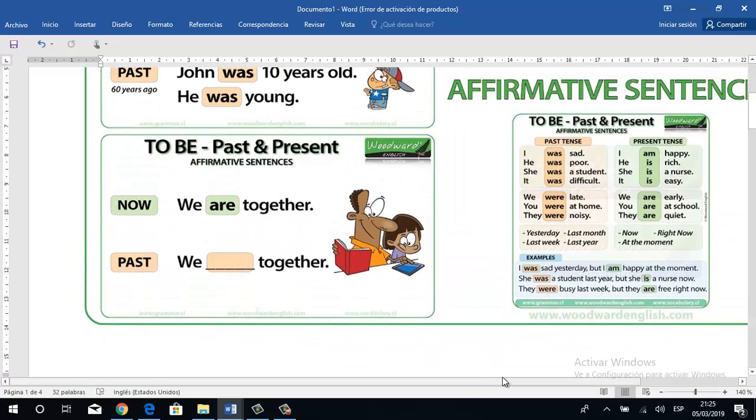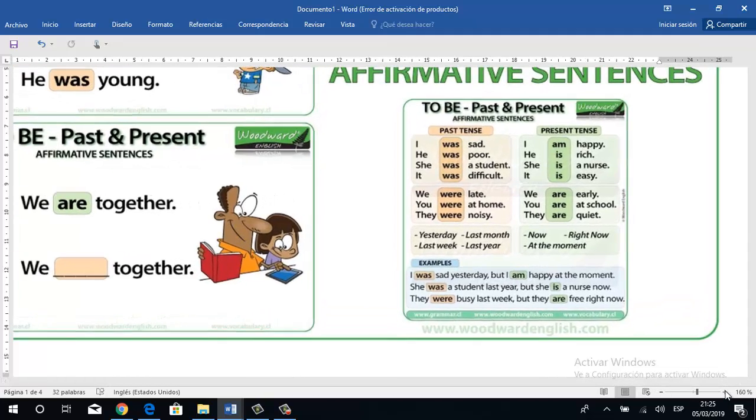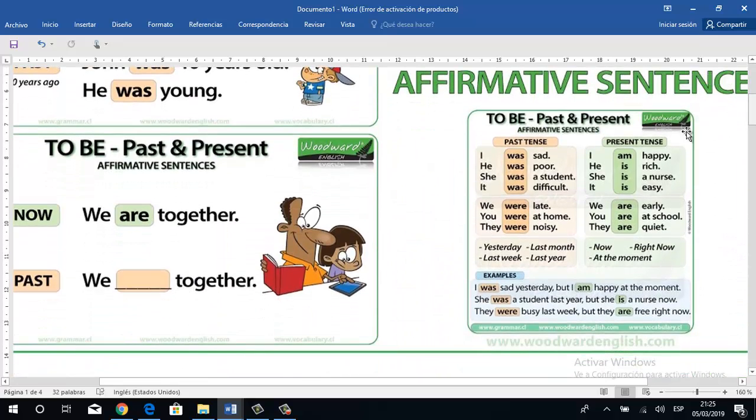For example, you can see in this chart that into the present I used to say I am happy, he is rich, she is a nurse, it is easy, we are early, you are at school, they are quiet. So sentences that you know very well how to make.